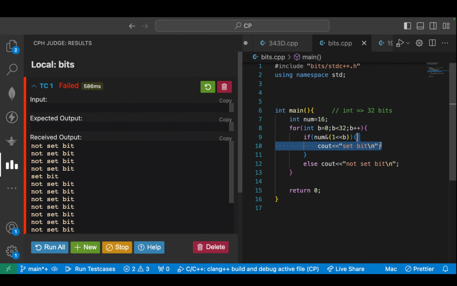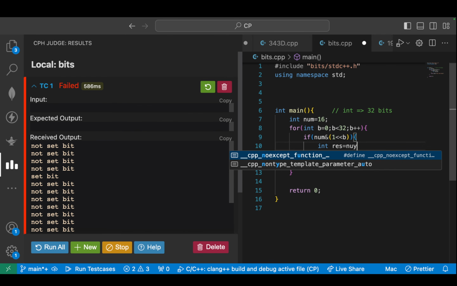Since we have already studied this part, let's see what more operations we can perform over here. Let's say I want a number wherein this particular bit is unset. Let's call it res, and I want res to be equal to num, only with this particular bit unset.